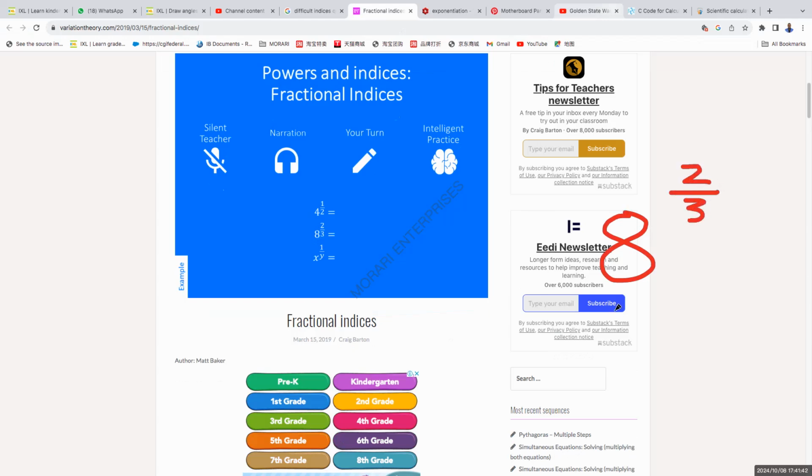What's the answer of 8 to the power 2/3? It becomes 8 to the third, then to the square, which is 4. 8 to the third is 2. 2 squared is 4. So those are the kind of things that they'll ask you.